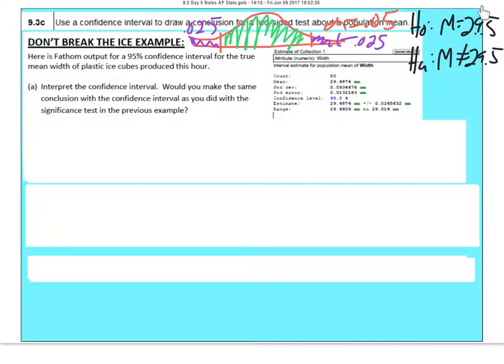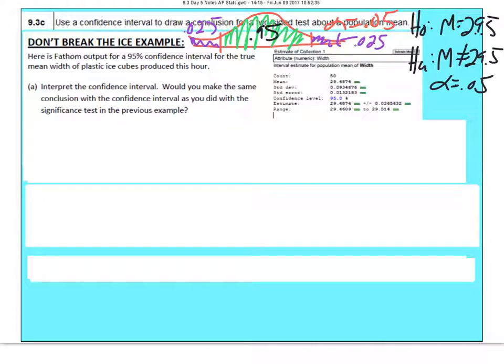Therefore, this two-sided test that we did when alpha was 0.05 is equivalent to constructing a confidence interval at 95%. Now, be careful. If they had asked us to construct a confidence interval at 99%, that's not equivalent to this alpha. If it was 99%, this alpha would have to be 0.01 and be split equally amongst both tails.